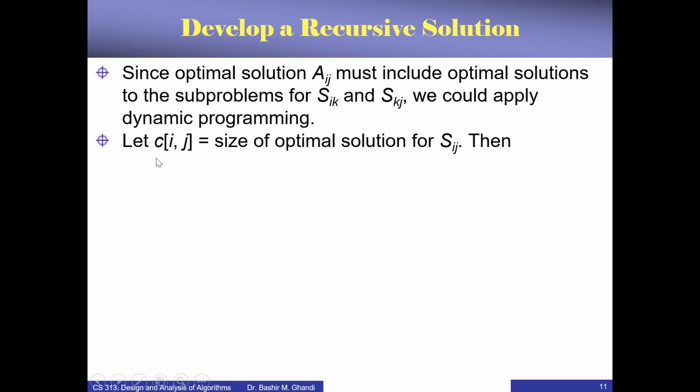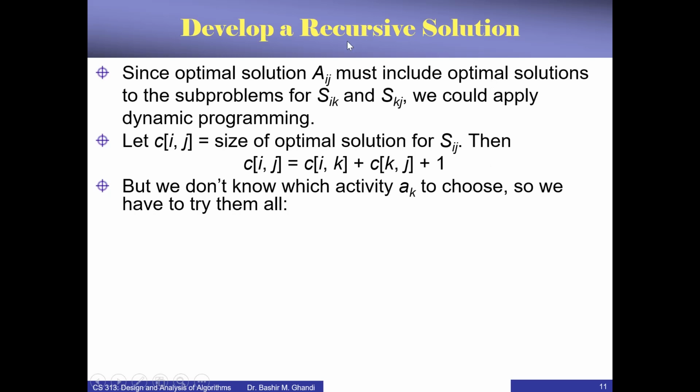So we're going to define another term. Let Cij be the size of optimal solutions for Sij. Okay, so this is just the number of elements in the maximum subset that we can get from Sij. Then it means Cij will be equal to Cik plus 1. All right. Now the issue here is we don't know the exact value of k.